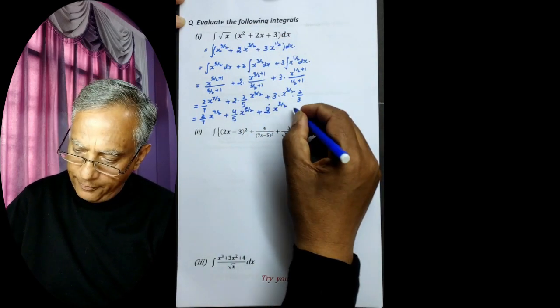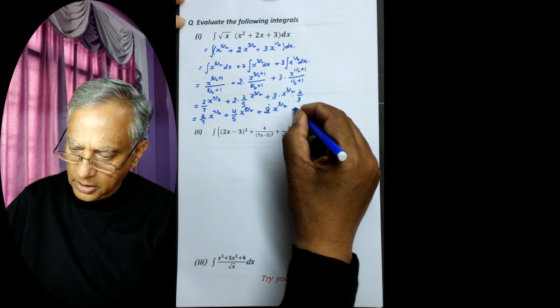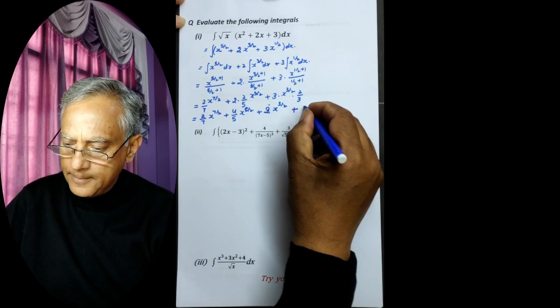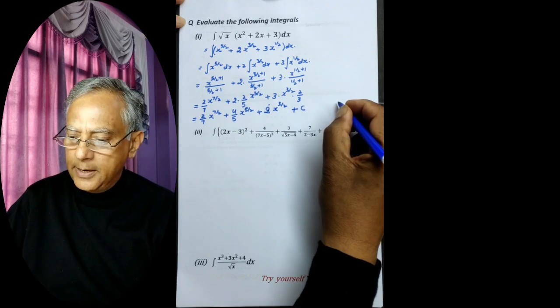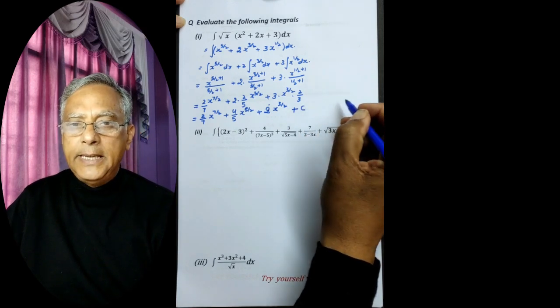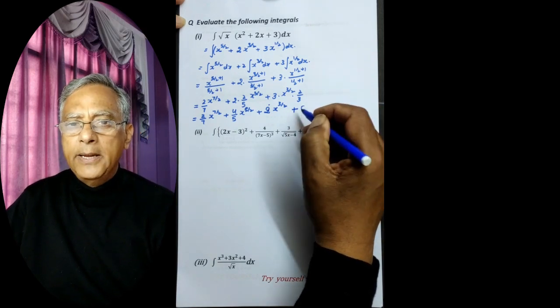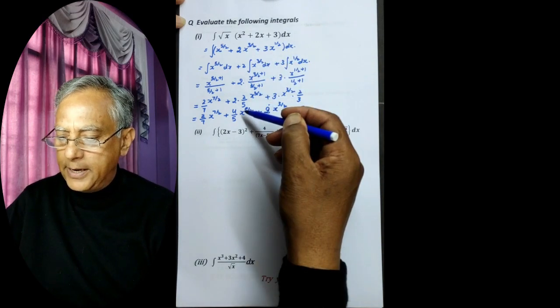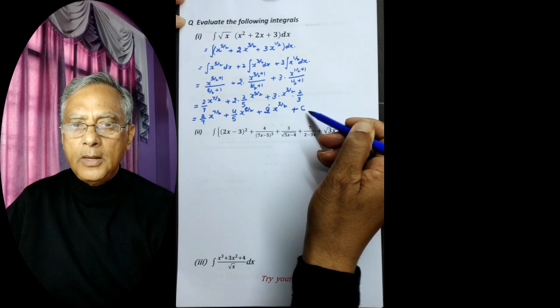But in every answer of indefinite integration, we must add c, because differentiation of constant is 0. So integration of 0 will be constant. So all the answers obtained in integration can differ by a constant.